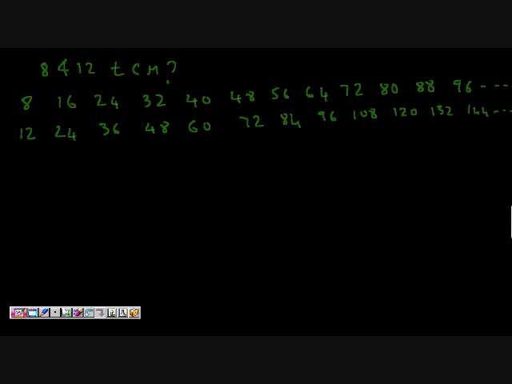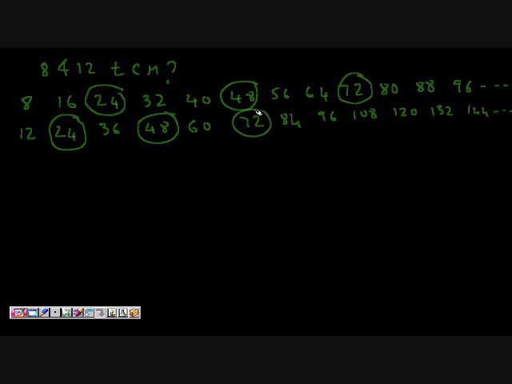Now, as you can see, the common multiples of 8 and 12 are: 24 is the first one, 48 is the next one, 72 is the third one, 96 is the fourth one, and so on.